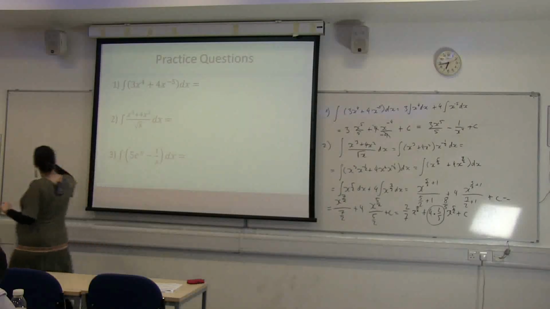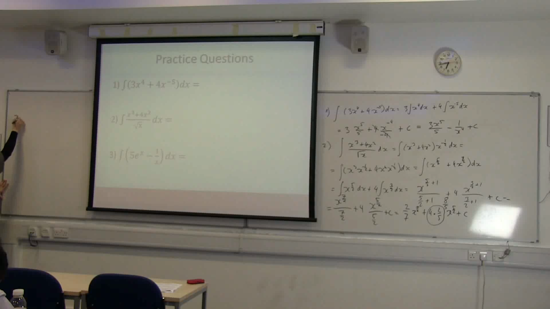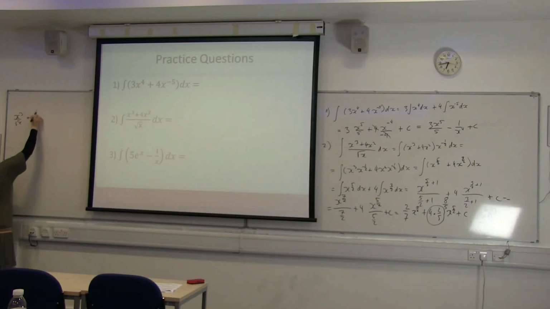Actually, it's still the same thing. Exactly. So x cubed over root x plus 4x squared over root x. And then you know that root x is x to the half. So you're still going to end up doing, yeah, and then again, dividing them, take it away.